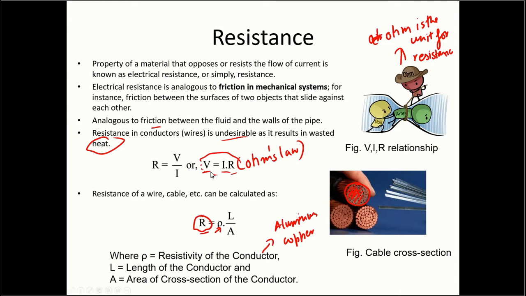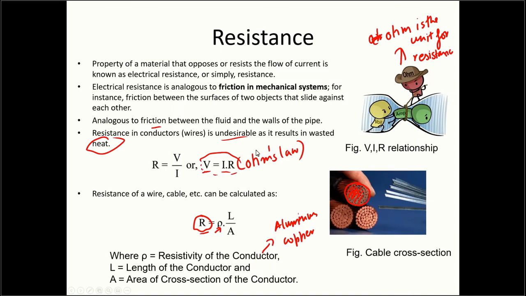Alright, so electrical engineers will tell you that the most important parameters you need to know are voltage, current, and resistance. If you understand this, we can now move forward with other things.